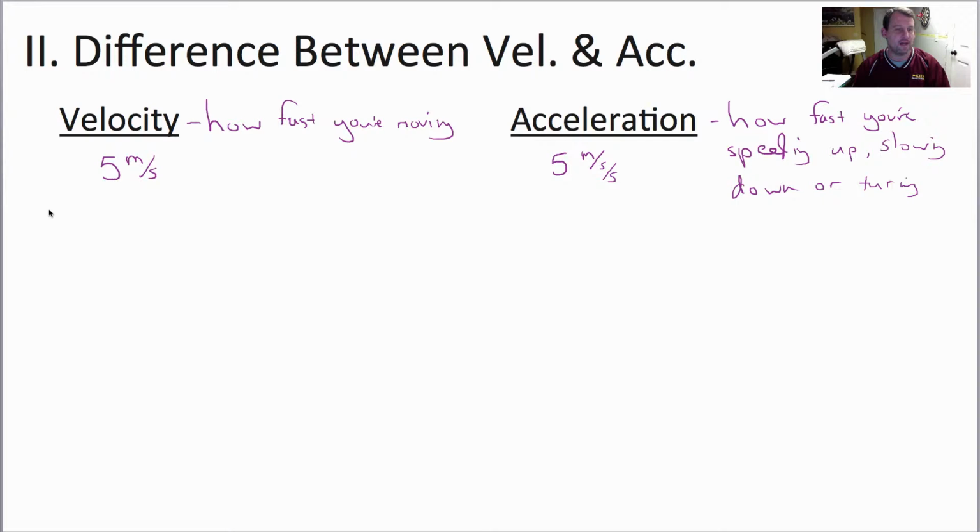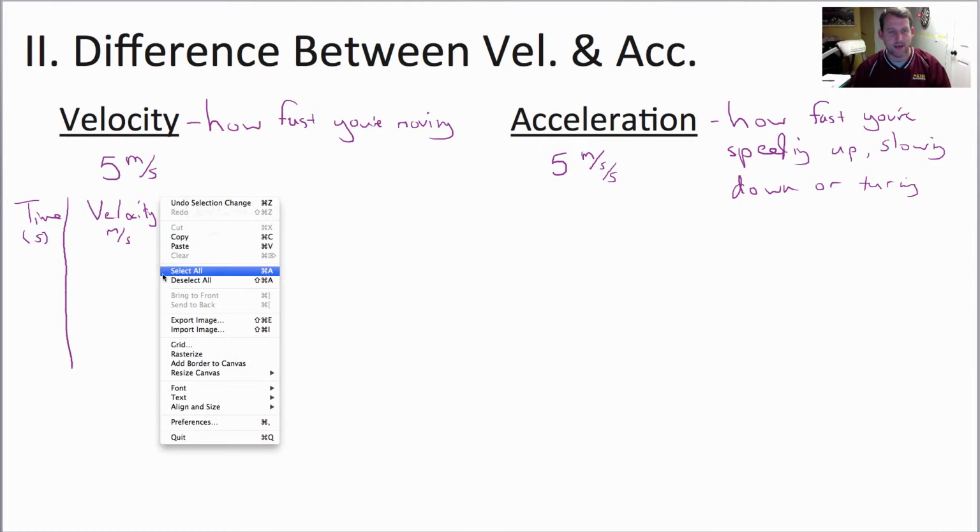Now let's look over here at velocity and monitor what happens during time. So we'll do a time, velocity, and distance table. And let's take a look at what happens.